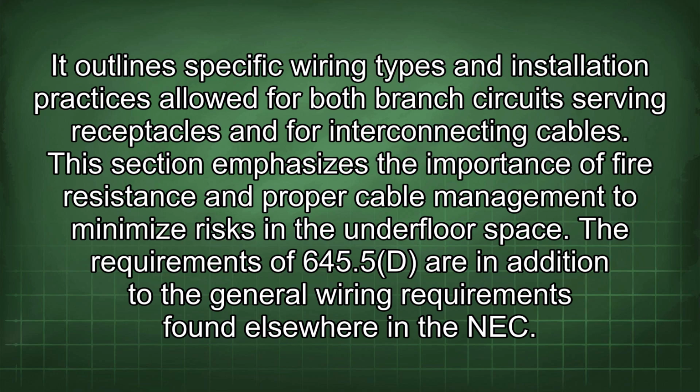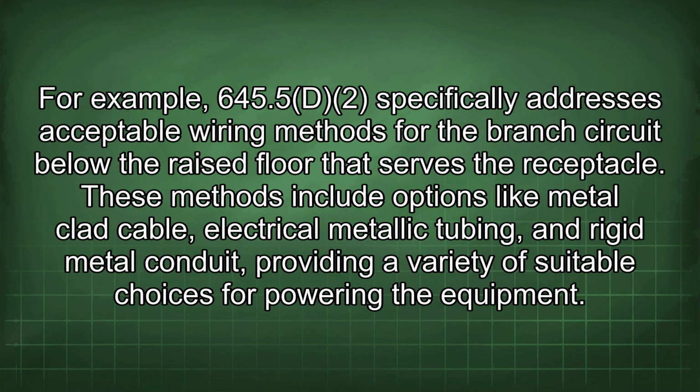The requirements of 645.5(d) are in addition to the general wiring requirements found elsewhere in the NEC. For example, 645.5(d)(2) specifically addresses acceptable wiring methods for the branch circuit below the raised floor that serves the receptacle. These methods include options like metal-clad cable, electrical metallic tubing, and rigid metal conduit, providing a variety of suitable choices for powering the equipment.